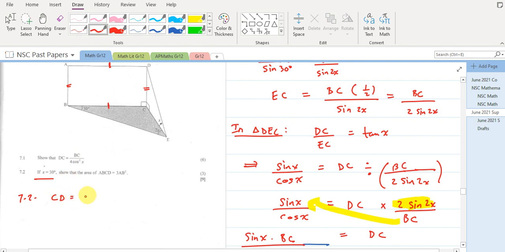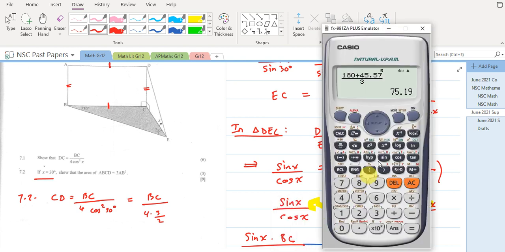So CD is equal to BC over 4 cos squared 30 degrees, which is equal to BC over 4 times cos of 30, which is root 3 over 2, squared. Just doing it on the calculator, let's see.